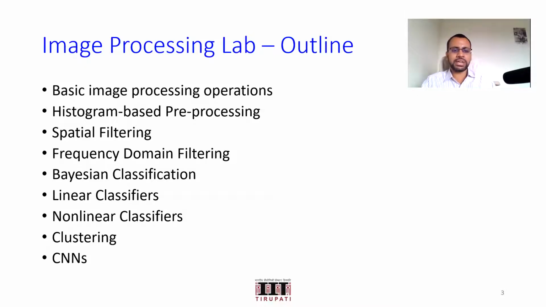After that, you will be doing Bayesian, probability based classification related lab exercises on images. So Bayesian classification, followed by linear classifiers, nonlinear classifiers, clustering, and let's see if time permits, something related to convolutional neural networks.